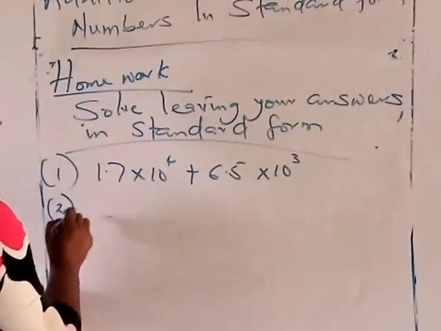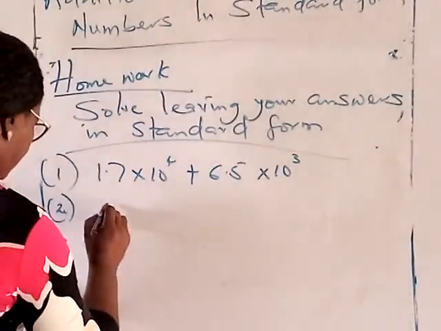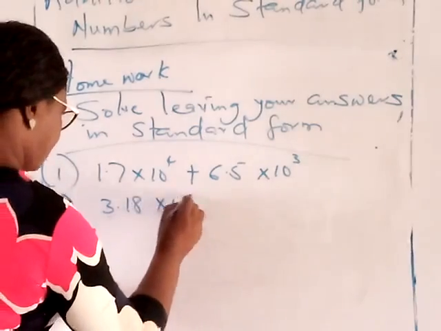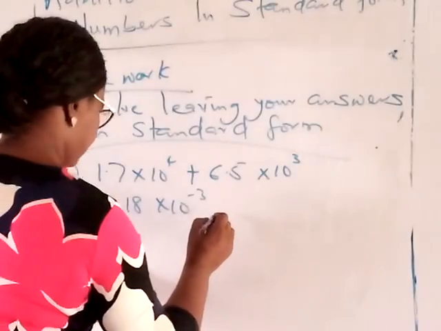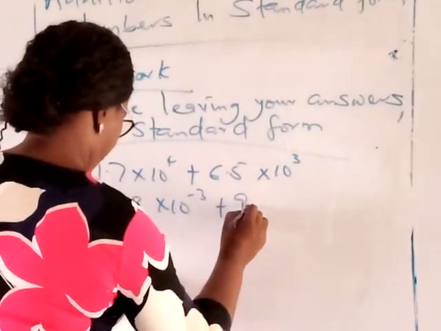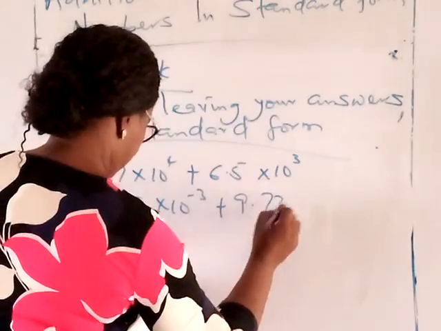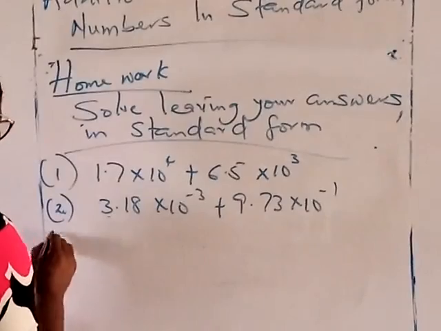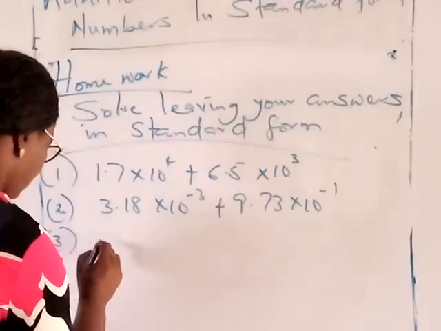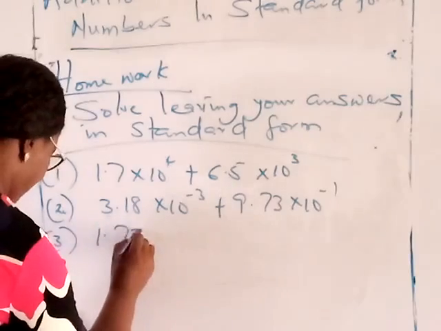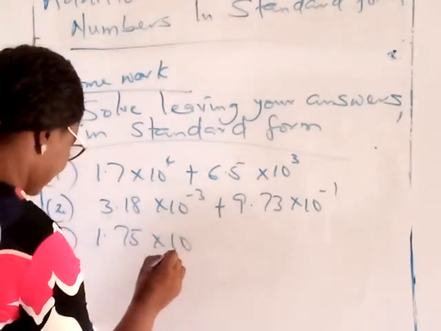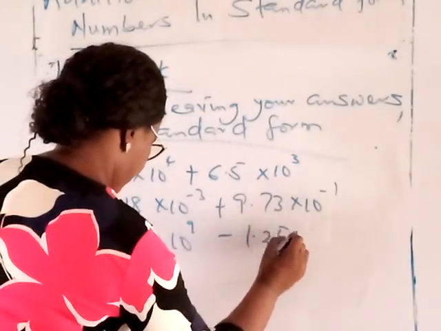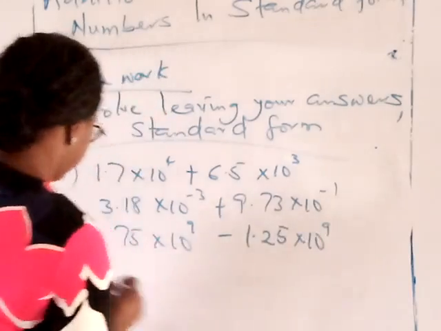Then 2: 3.18 times 10 raised to power minus 3 plus 9.73 times 10 raised to power minus 1. 3: 1.75 times 10 raised to power 9 minus 1.25 times 10 raised to power 9.